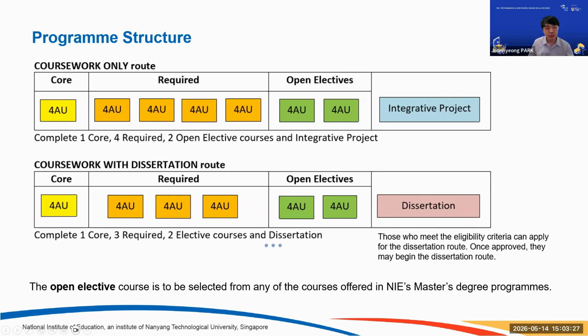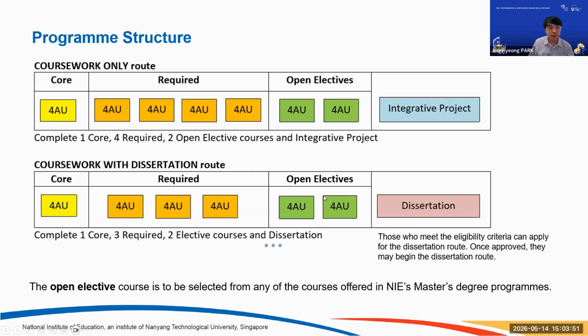On the other hand, if you are looking for the dissertation route within this coursework, then you can consider applying for the dissertation route when you meet the eligibility criteria. Once approved, you can begin the dissertation route.